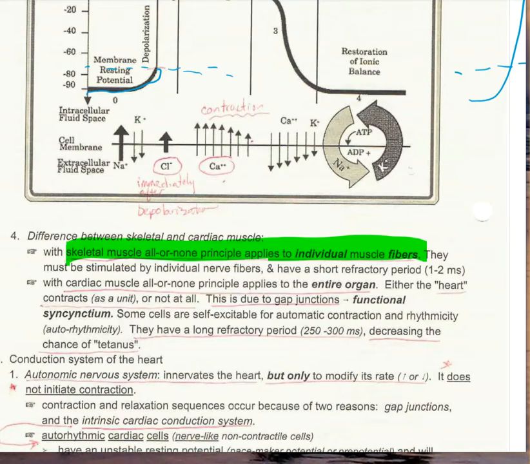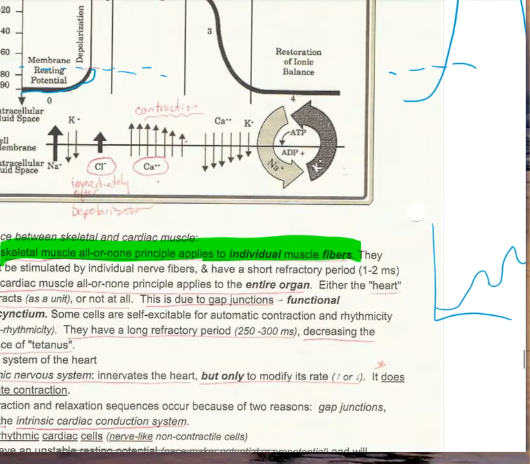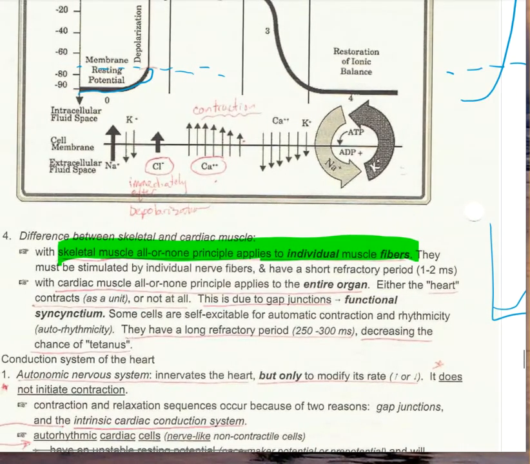But remember the whole, excuse me here, let's go back to here. We could get a contraction and a relaxation, and we could get a building until we got to tetanus of a muscle, right? But individual fibers either contracted or not, okay? They had very short refractory periods as well, about 1 to 2 milliseconds.